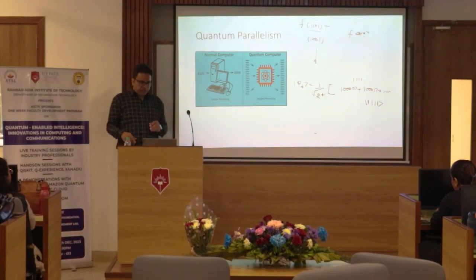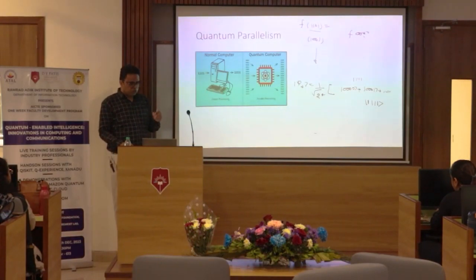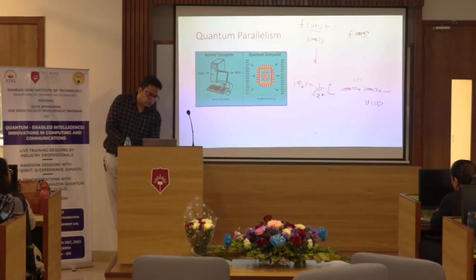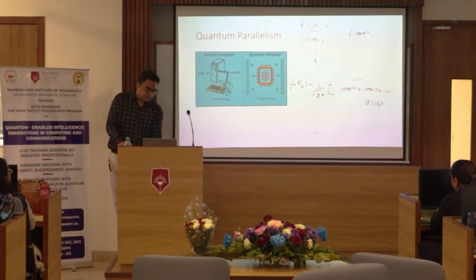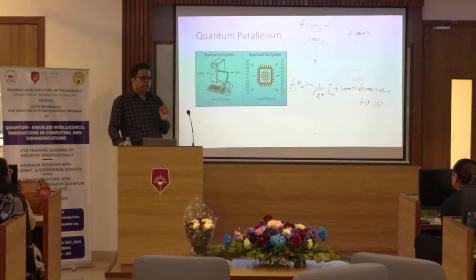Now, if I ask you to apply the function F on this 4-qubit state, then what will happen in the quantum computer is that F will be applied on all of them in one application of F on the 4-qubit state.